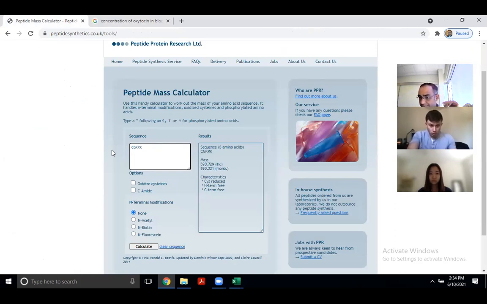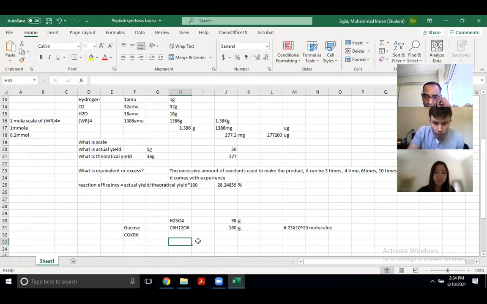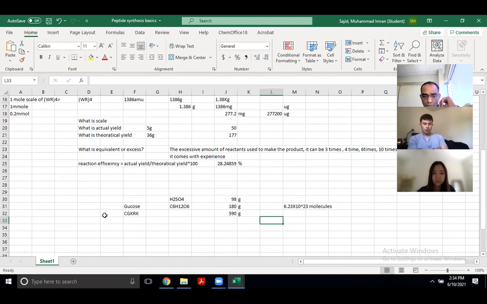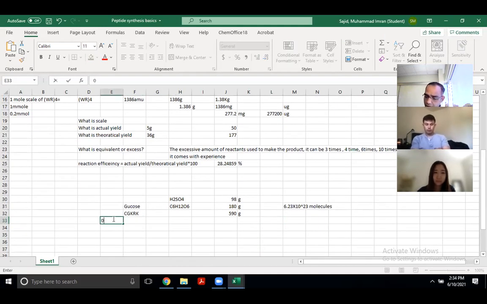What is the mass? 590 grams. So I will write here 590. Grams. Wonderful.